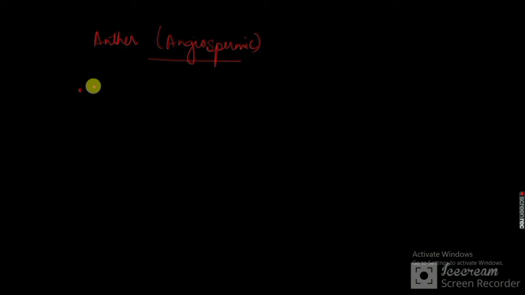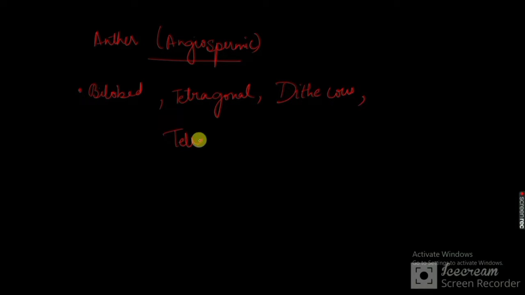It is a bilobed structure. It is tetragonal. Dithecous means it contains two thecae. And it is tetramicrosporangiate. Right?